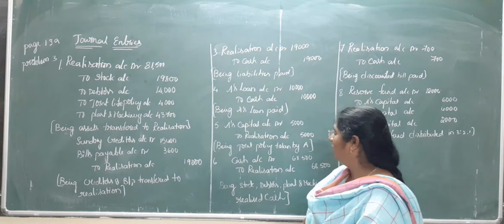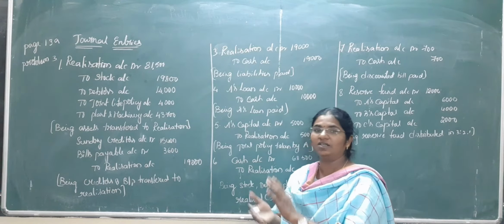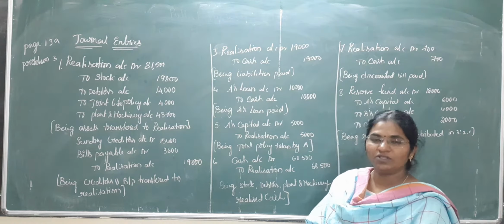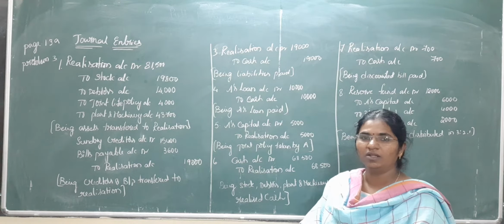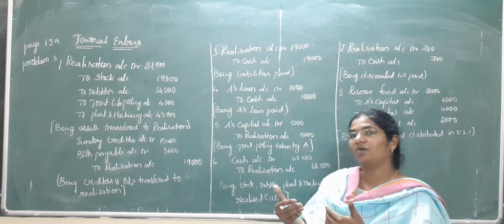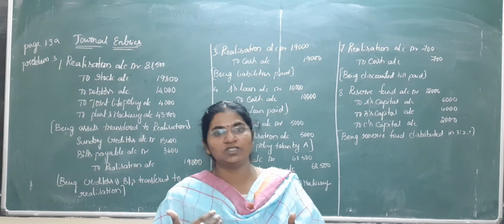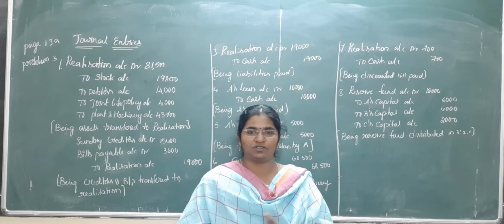Now come to the point of realization of assets. At the time of dissolution, the partnership firm will realize the value of assets so that the firm can analyze whether at the time of dissolution the partnership is in profit or loss.